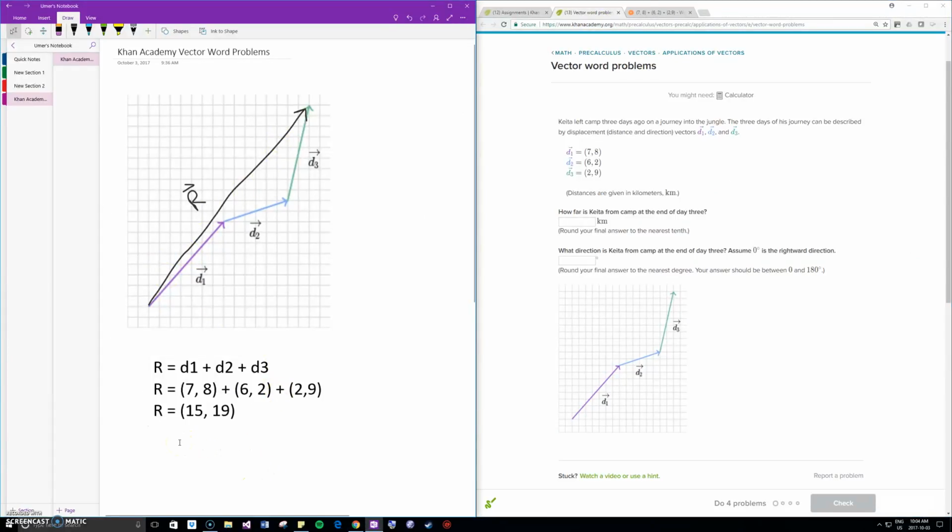We want to know how far is Kader from camp in kilometers. How far, that's a distance, that's a number. We've got a vector here, but we need the magnitude of the vector. So in other words, the magnitude of R, you just use Pythagoras' theorem. So 15 squared plus 19 squared, all square rooted.